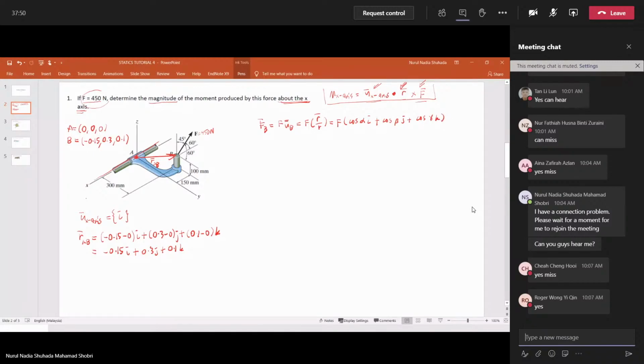Since the questions already give the angle of the force to the respective axis, we can use this formula.